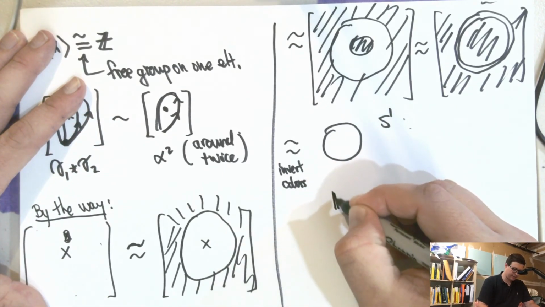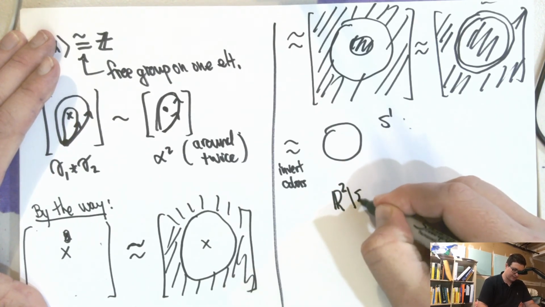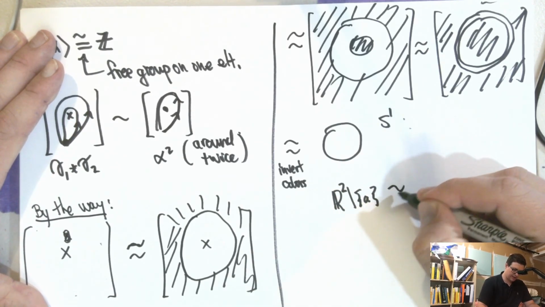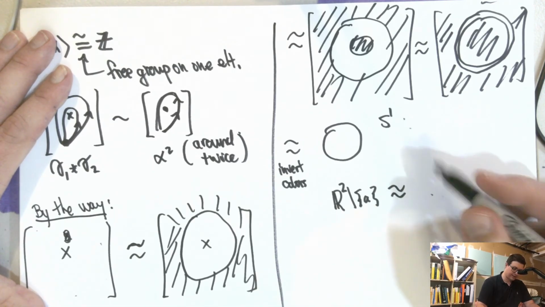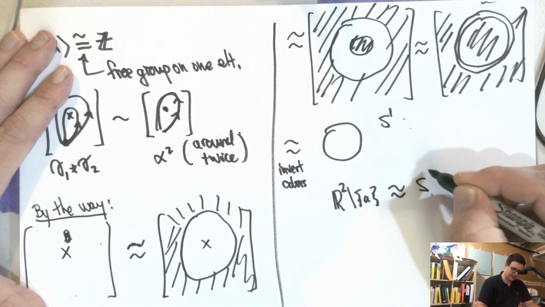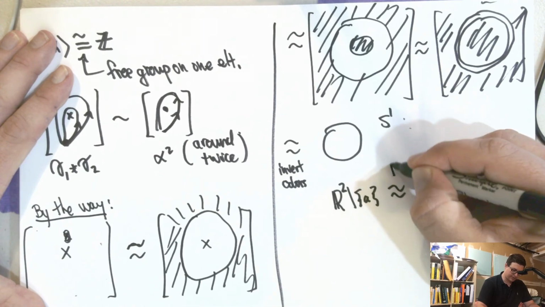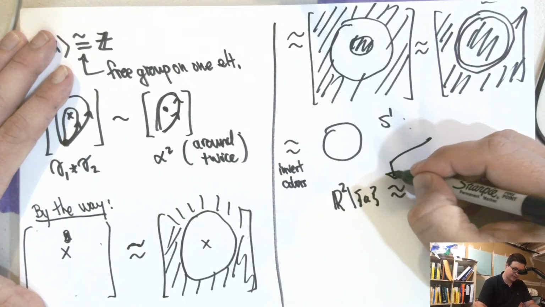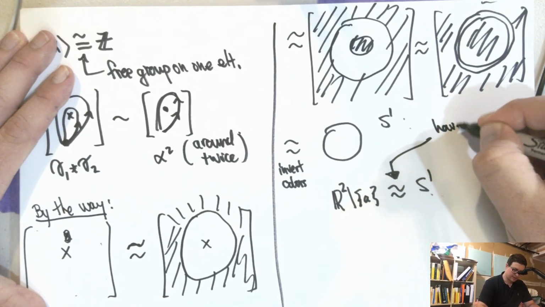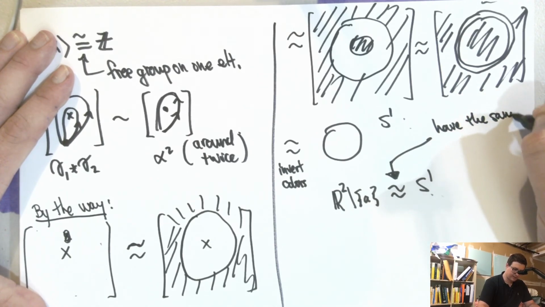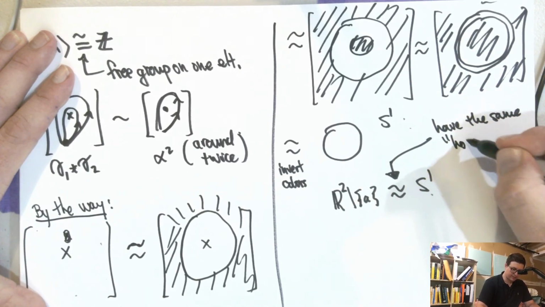Let me write down that statement here. This is S1, which means they have the same homotopy type.